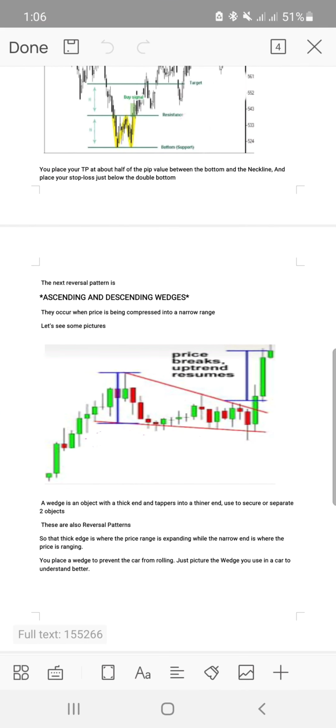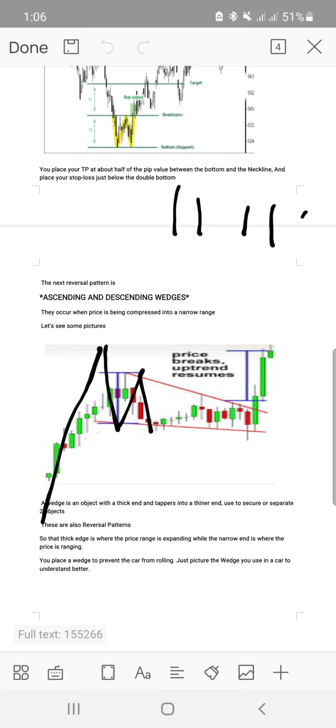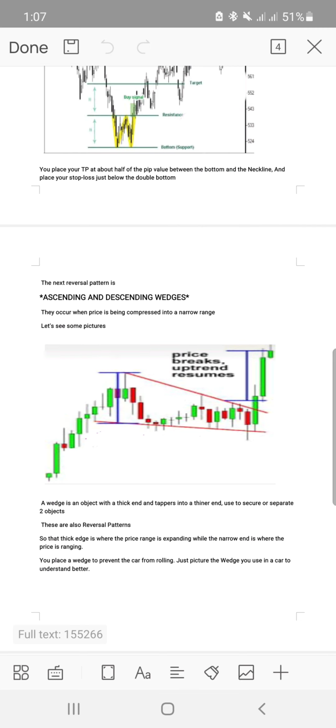So now, if you observe this, price rallies up, right? Then it begins to retrace, it begins to range, and as it's ranging, the candles are reducing in size, going into this narrow range, right?